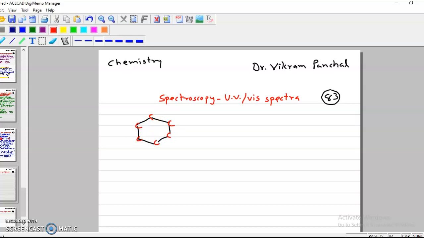Now, if there is a double bond over here, and you can see that the blue carbon is not the part of this ring, A ring, then this is called exocyclic double bond. Please remember this.